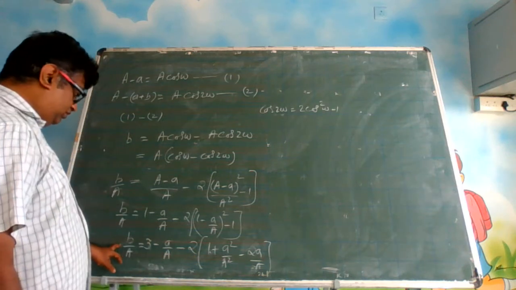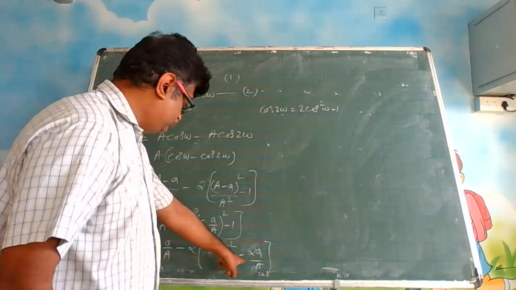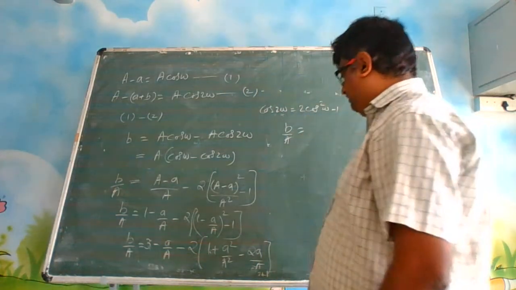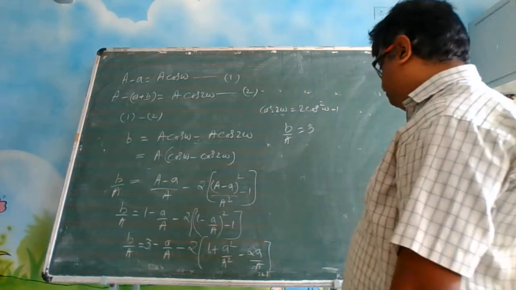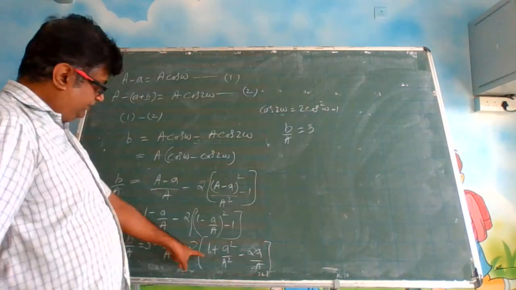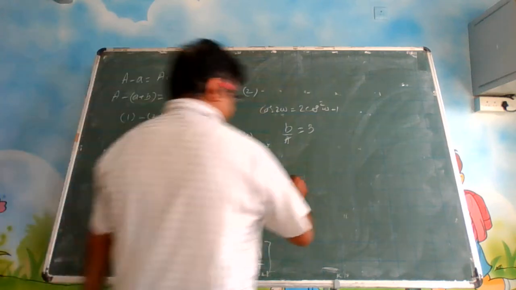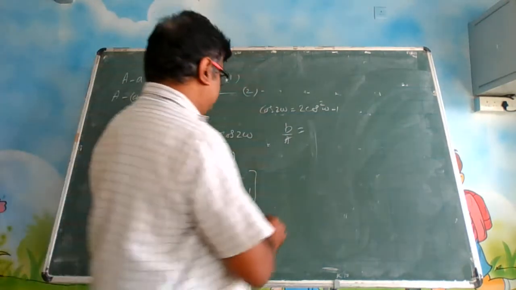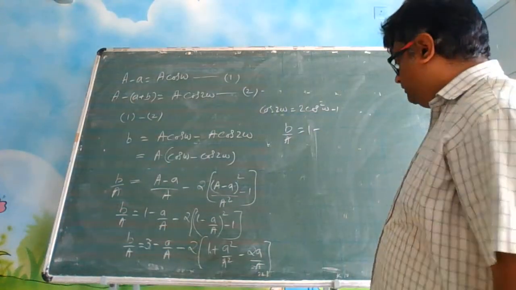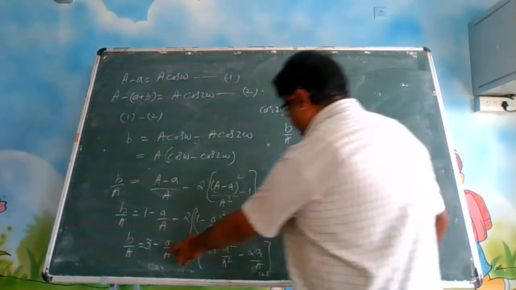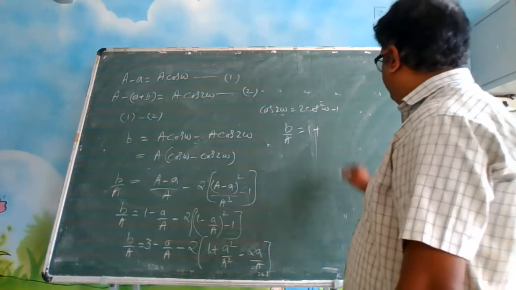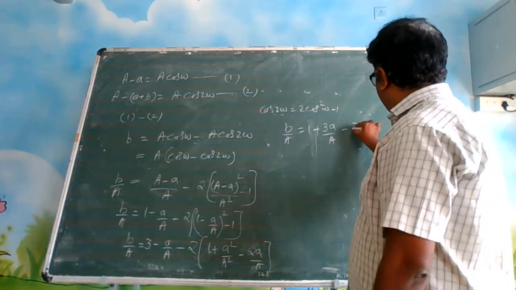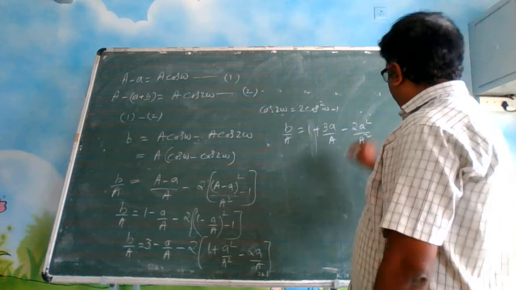So you can see here minus 2 into minus 2 is plus 4. So this is reducing down to 3 minus a by A plus 4a by A. So it is 3a by capital A, and minus 2a square by A square is what we are getting.